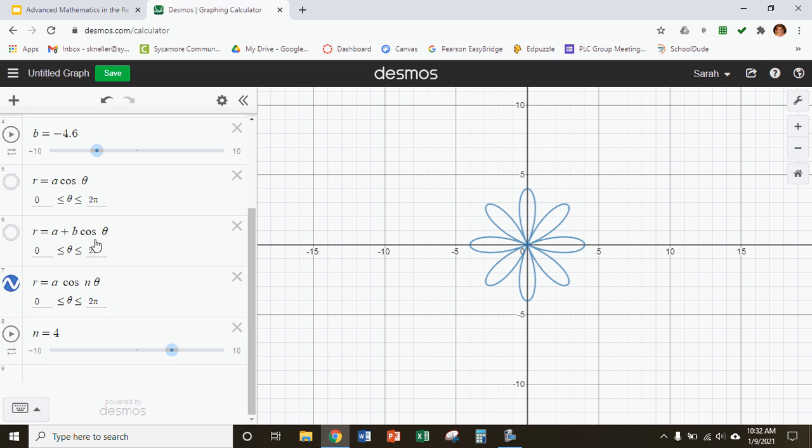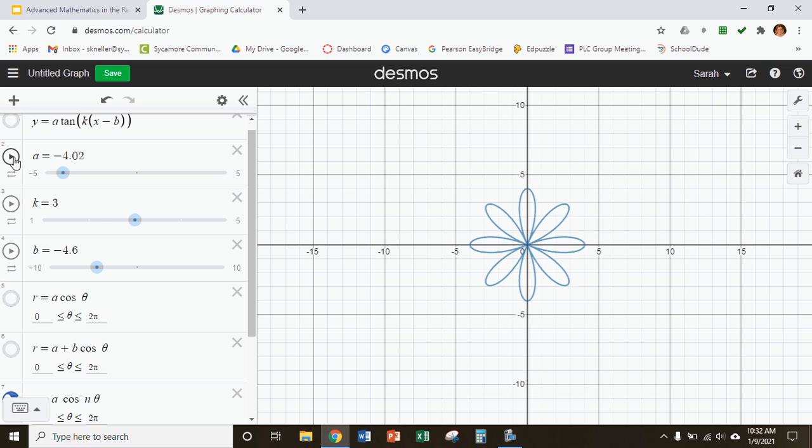That looks pretty cool. Okay. And then if we go back up and we animate A, then it makes the flower grow bigger and grow smaller. The negatives just kind of make it flip, but you can't really see that it's flipping and going the other direction here. We'll talk about that as well, what the negative values do when you graph in a polar system.